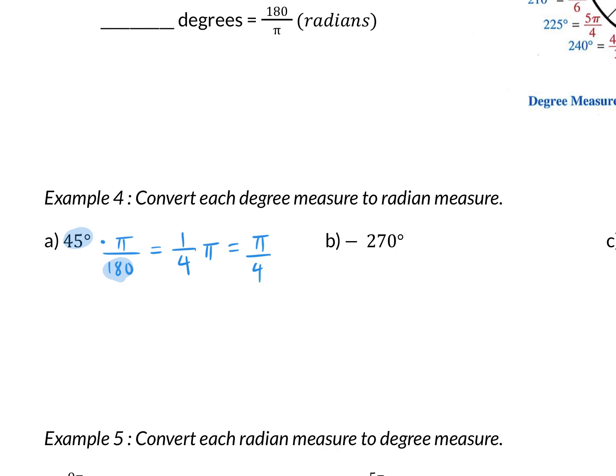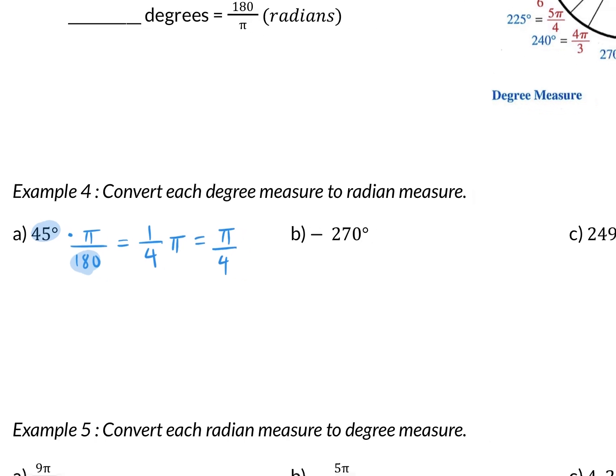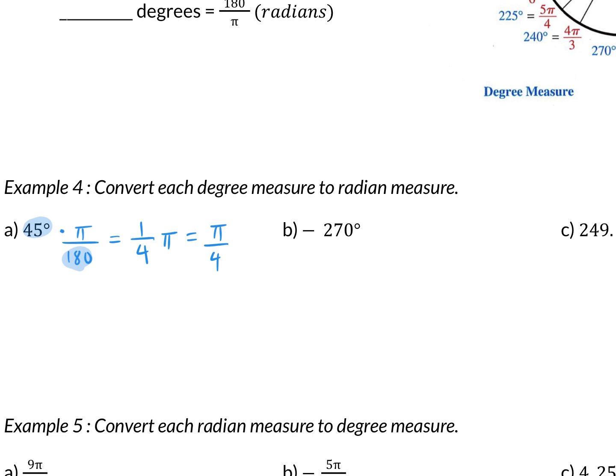Okay, this is now the radian measure of 45 degrees. And I know it's in radians because there's one of two things: there is either a pi symbol, which is a pretty good giveaway that it's in radians, or there is no degree symbol. Okay, next one. Negative 270, I'm going to multiply again by pi over 180.